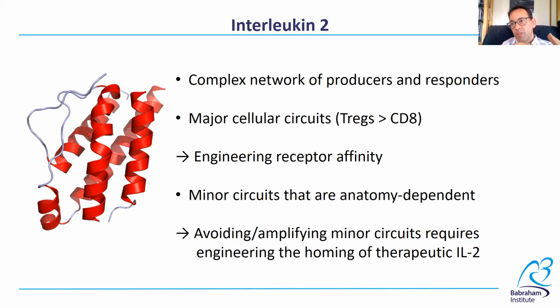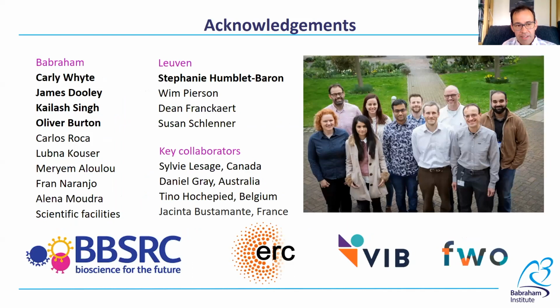For example, if we want to avoid eosinophilia, we can't do this by editing the binding to the IL-2 receptor because the ILC2s use the same receptor as Tregs. The only way to do this will be to segregate the IL-2 out of the B cell zone so we're not feeding that circuit.